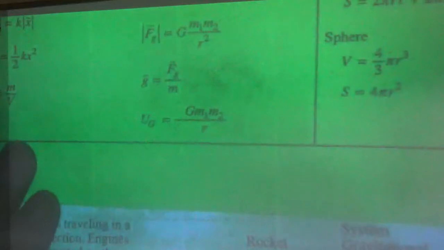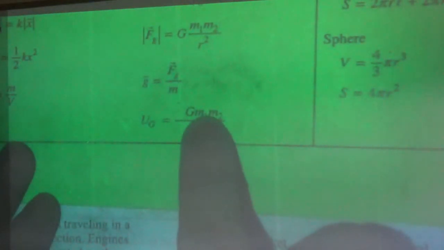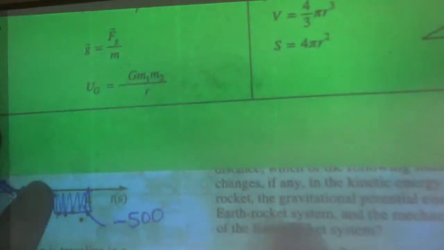So the gravitational potential energy, well, the mass of the rocket, it says it's very small, like losing very little mass, so that's basically staying the same. Between the rocket and the Earth's mass is definitely staying the same. This r is increasing. So I have this one is negative G m1 m2 over r squared, just r, not r squared.